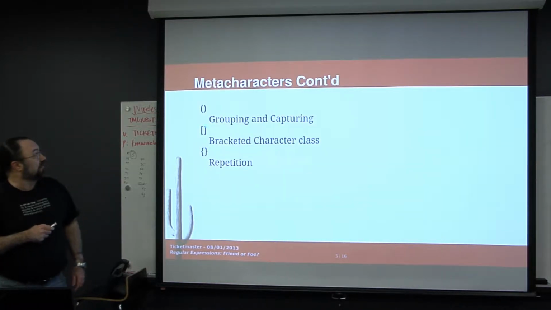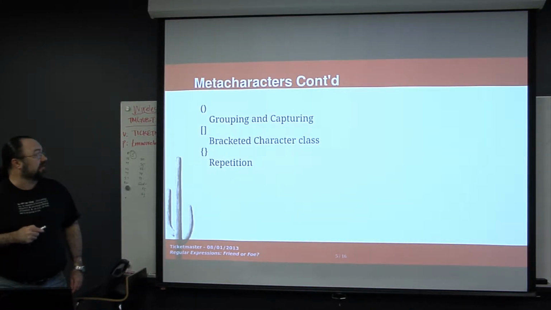Okay, parentheses are for grouping and capturing. For some reason the documentation just mentioned grouping, but actually capturing is a very important part of that. So I added that in there. And we'll talk more about that later.